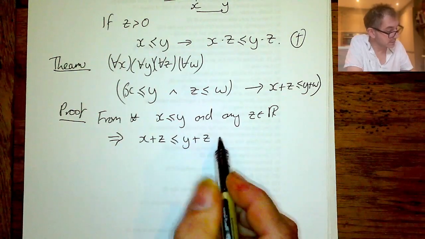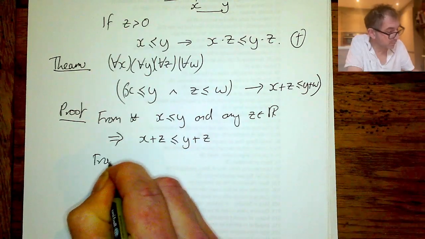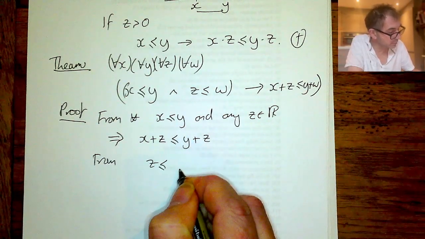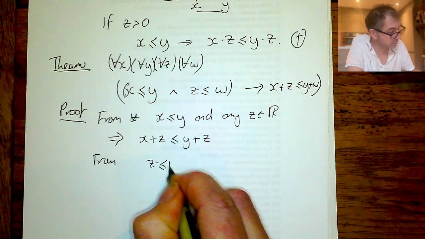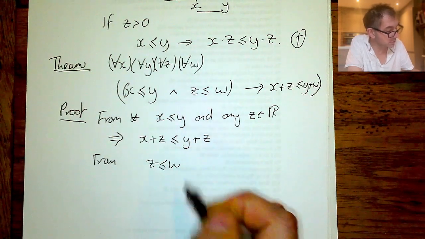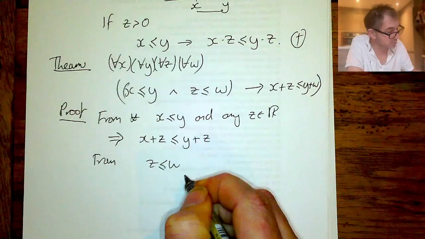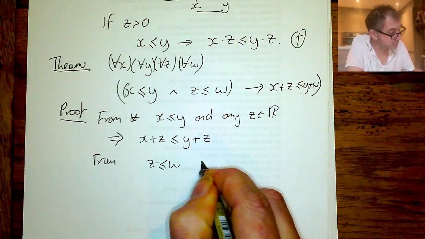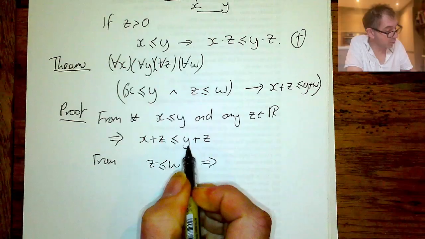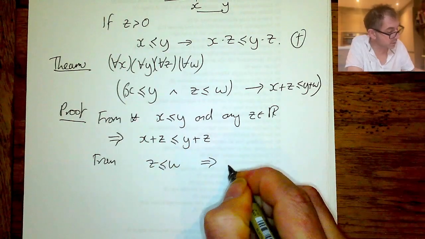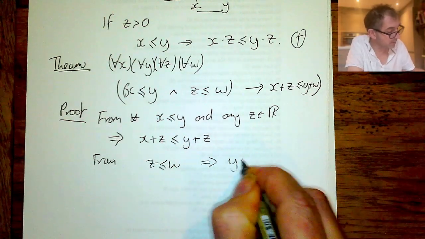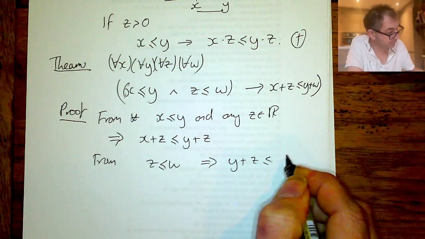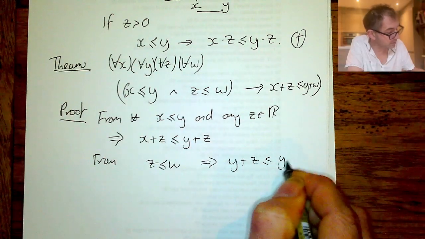So since I have z less than or equal to w, this is my assumption, the hypothesis I'm using, we can deduce that adding y to both sides, y plus z is less than or equal to y plus w.